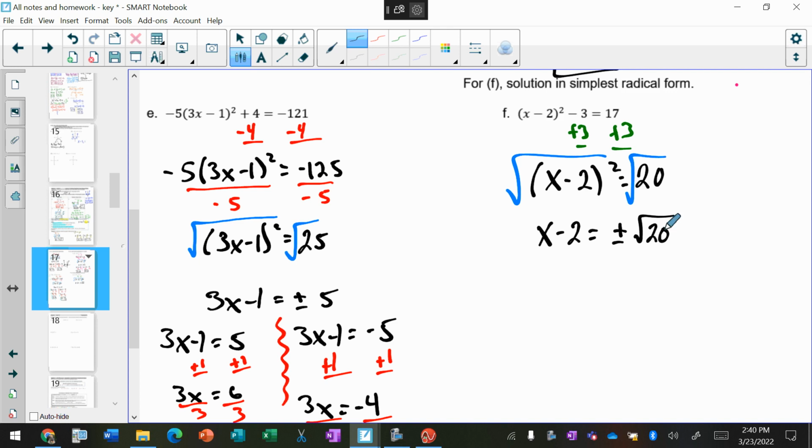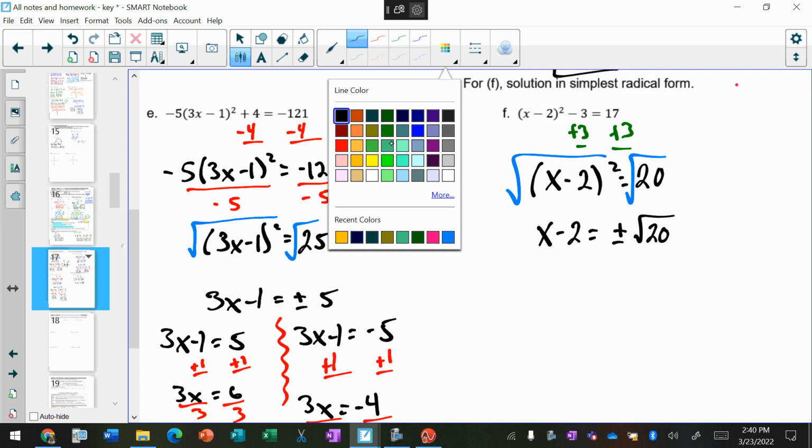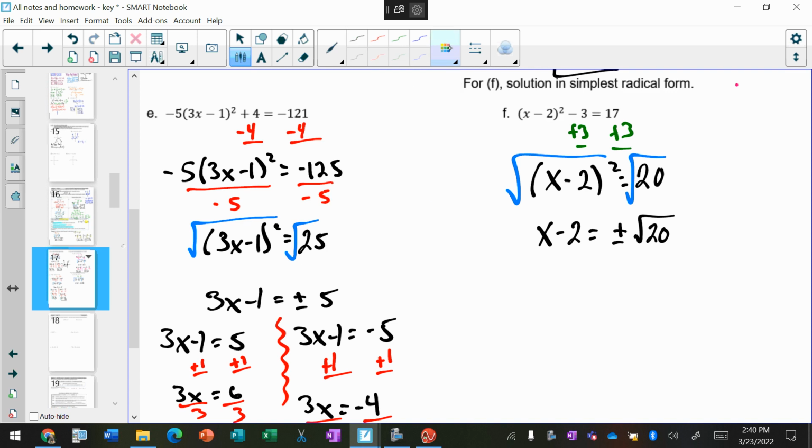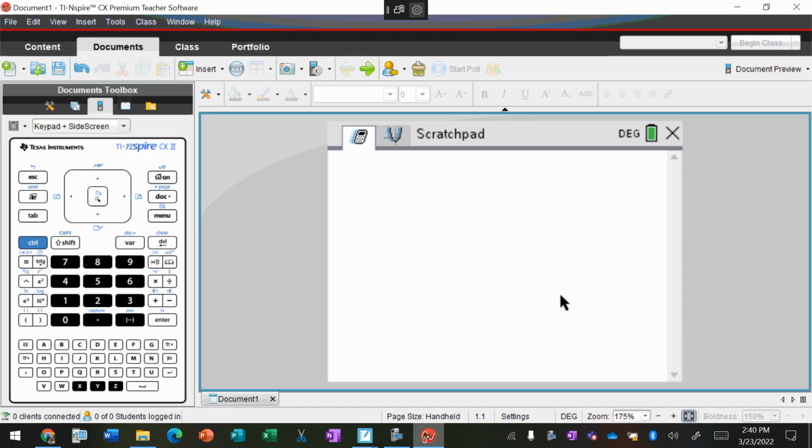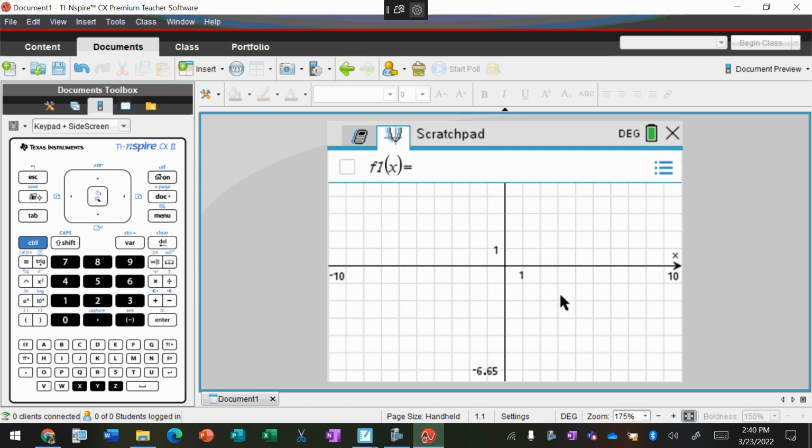Okay, so kind of off to the side, either mentally or physically, we have to simplify the square root of 20. So you need to find the largest perfect square that is a factor of 20. If you don't remember how to do that, we go to the calculator, go to our graph, and we hit the tab button.